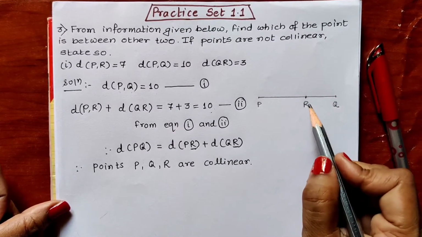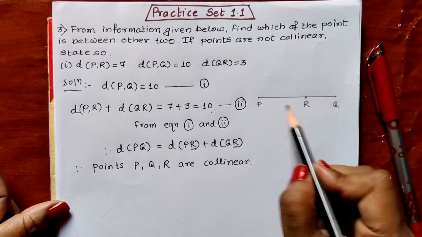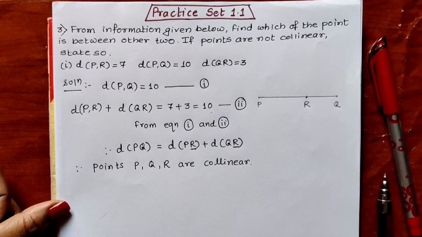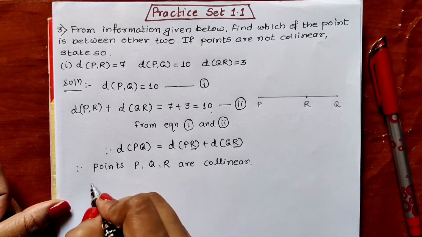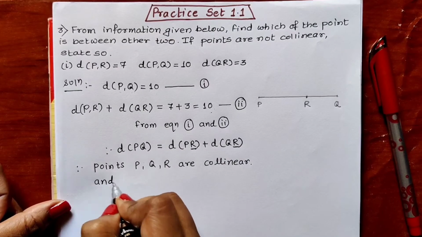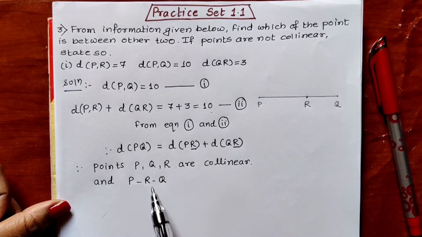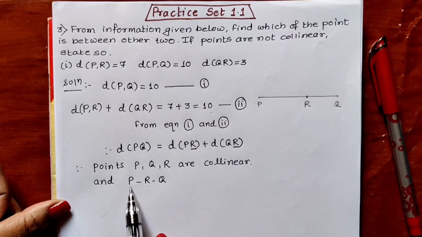It is not exactly the midpoint. It can be somewhere in between point P and Q. So we can write it as P-R-Q. That means point R is in between P and Q. In this way we can write the property of betweenness.